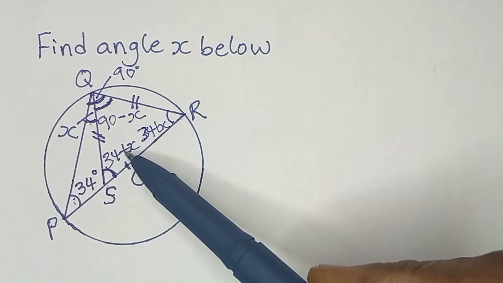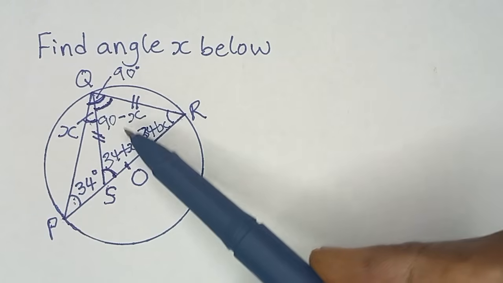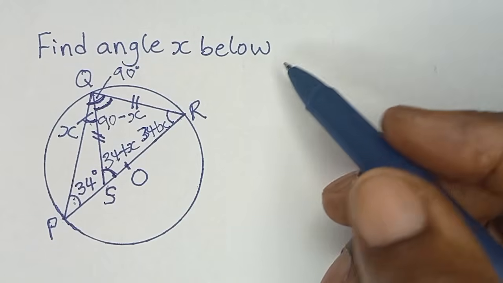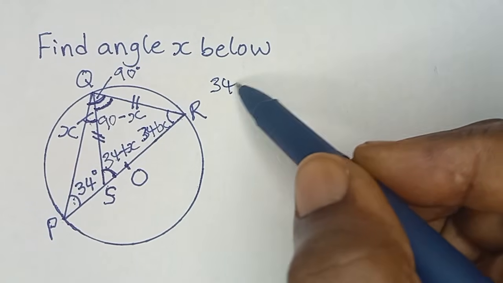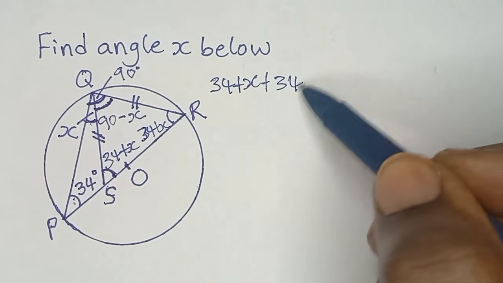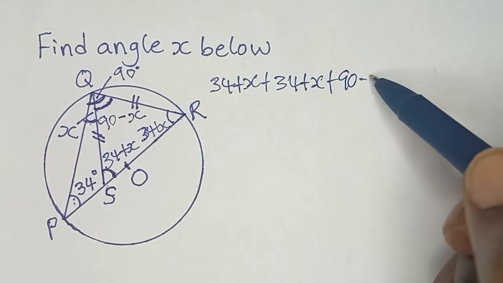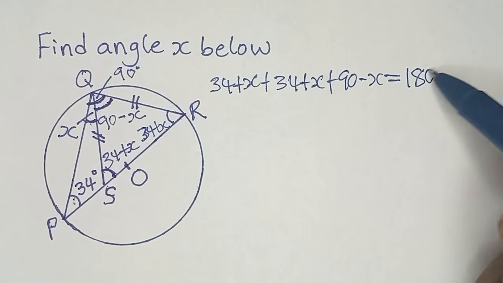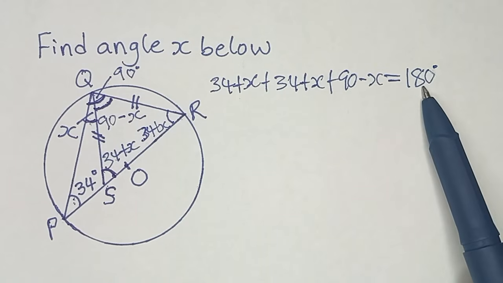So now we have 34 plus x, we have 34 plus x, and we have the third angle as 90 minus x. So we can now use the rule of the sum of angles in a triangle: 34 plus x plus 34 plus x plus 90 minus x all together give us 180 degrees, because the sum of angles in a triangle is 180.